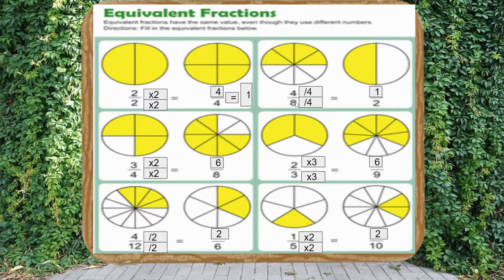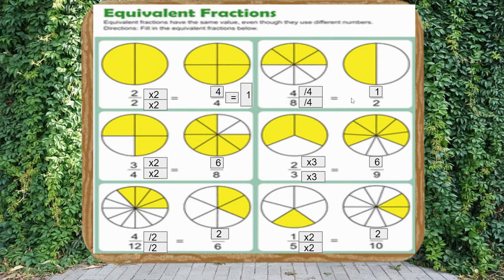Next, we have 4/8. So we have 4 parts shaded, which is the numerator, 8 total parts, which is the denominator. If we divide 4 by 4, we get 1. And if we divide 8 by 4, we get 2. So 4/8 is equal to 1/2.